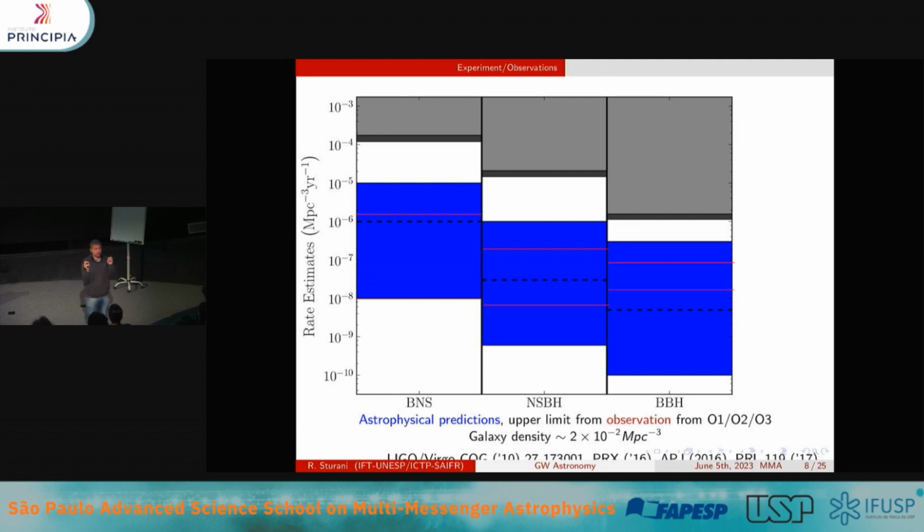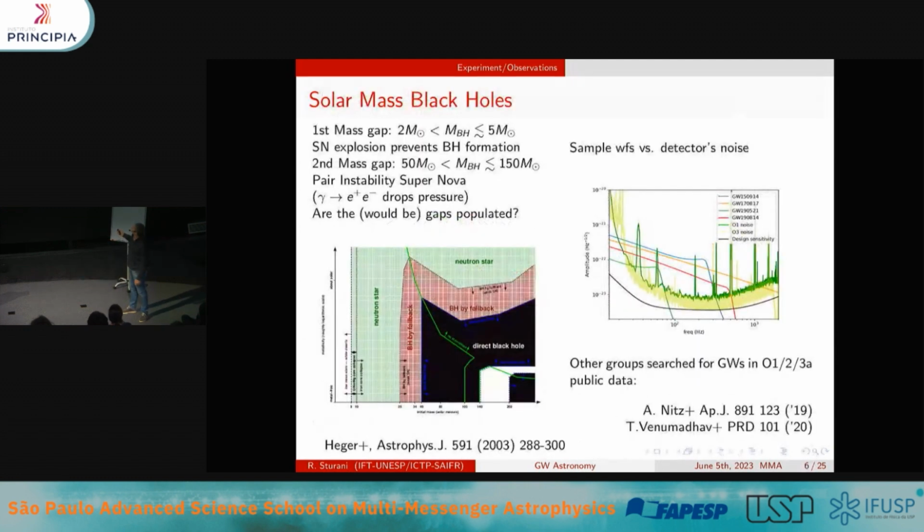Binary neutron stars have small mass, so we can see them up to 150-ish megaparsec. Black holes can have arbitrarily large mass. Actually, their distance range is limited by the fact that they fall out of the spectrum. As I told you, when they get so big, it takes so long for them to go around each other that the frequency goes low and falls outside the band, for masses above a few hundred solar masses.